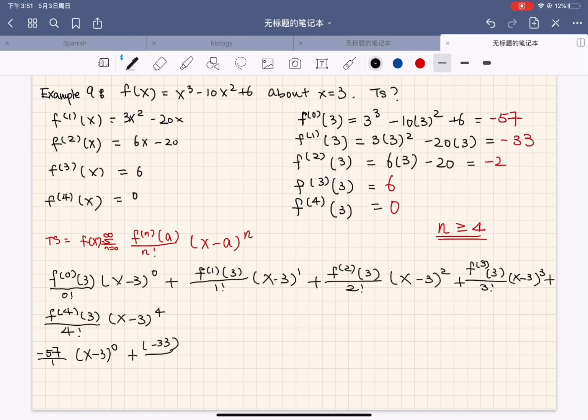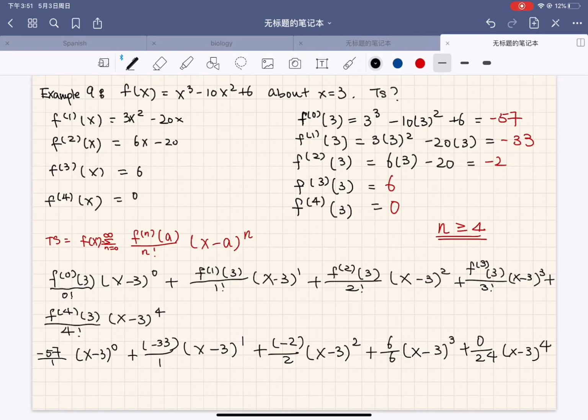So negative 57 over 1 times (x minus 3) to the power of 0, plus negative 33 over 1 times (x minus 3) to the power of 1, plus negative 2 over 2 times (x minus 3) to the power of 2, plus 6 over 6 times (x minus 3) to the power of 3, and finally add 0 over 24 times (x minus 3) to the power of 4.